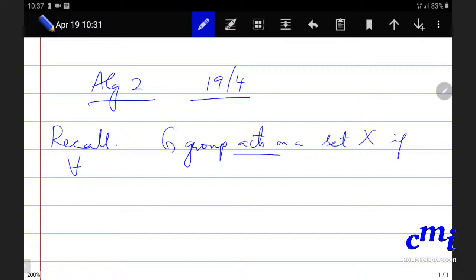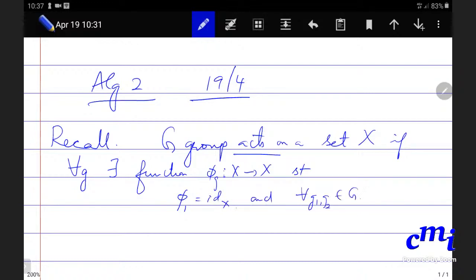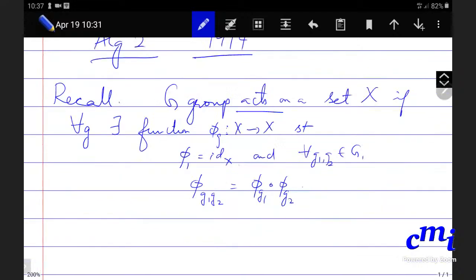So I'm just going to recall the definition. For all g in G, there exists a function phi_g from X to X satisfying two conditions. Phi_1 is the identity map on X, and for all g1, g2 inside G, the function phi corresponding to the product is the composite. So this is what we have. And then we also talked about orbit.